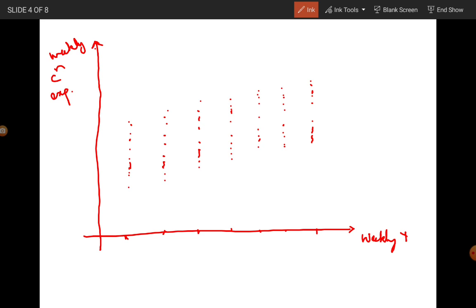Remember, in the example that I'm talking about we had 60 families in the total population. So the population regression function was estimated by finding the conditional mean value for each level of X. Now this is the population regression function that I'm talking about. This is PRF.